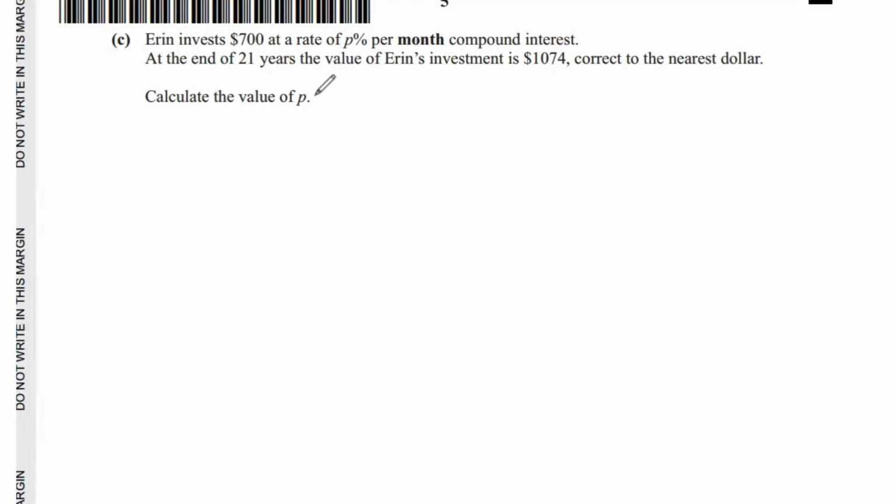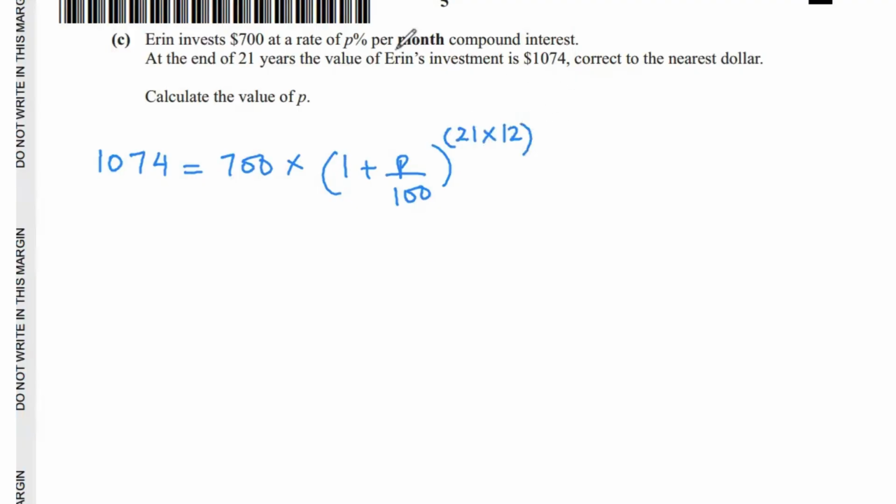And the formula will be the same, the one that we used previously. So 1074 equals 700 times 1 plus P over 100 to the power of 21 times 12, because it's per month, not yearly.